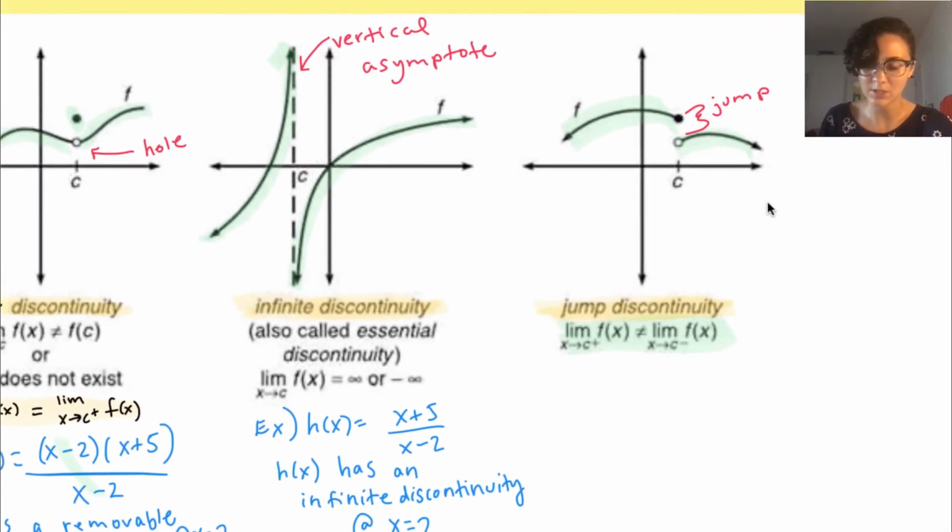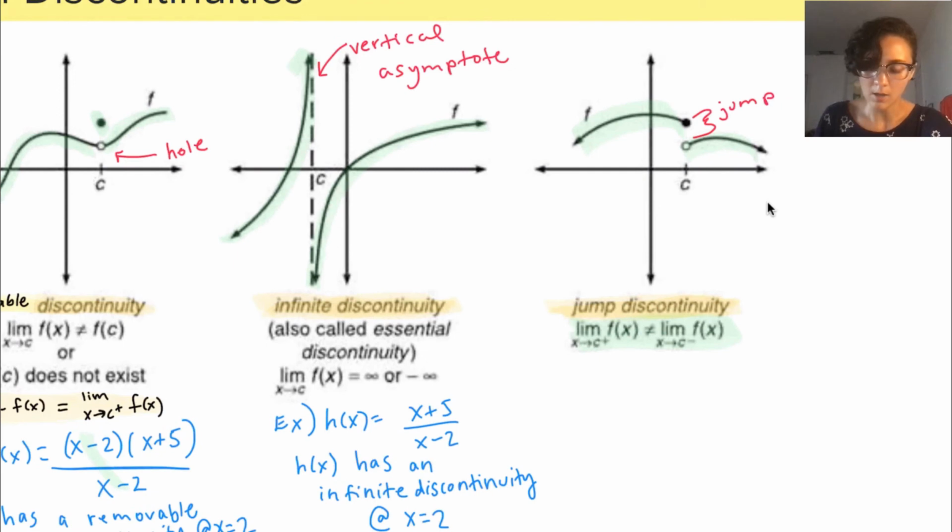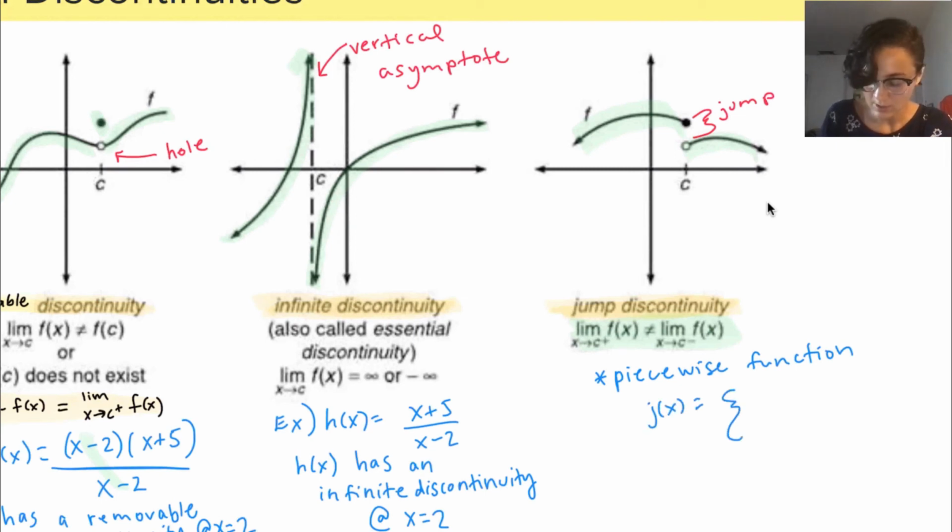And then this third type, a jump discontinuity. This is going to happen when you have piecewise functions. You can see in the picture, it looks like they're two completely different functions, and that's because we might have something like j of x equals, let's say, x plus 5 when x is less than 2, and then we might have a different function like negative 1/2 x when x is greater than or equal to 2.